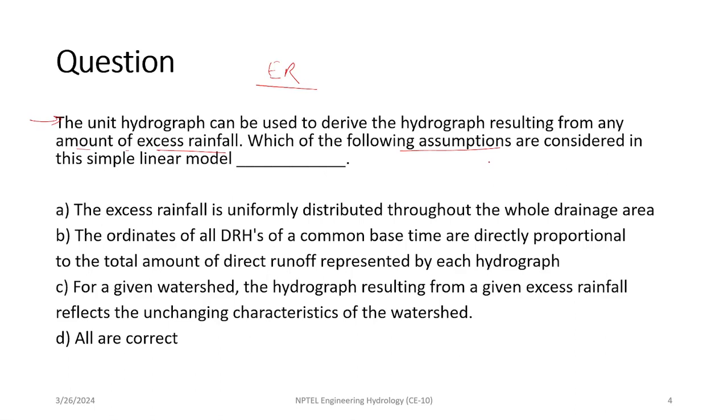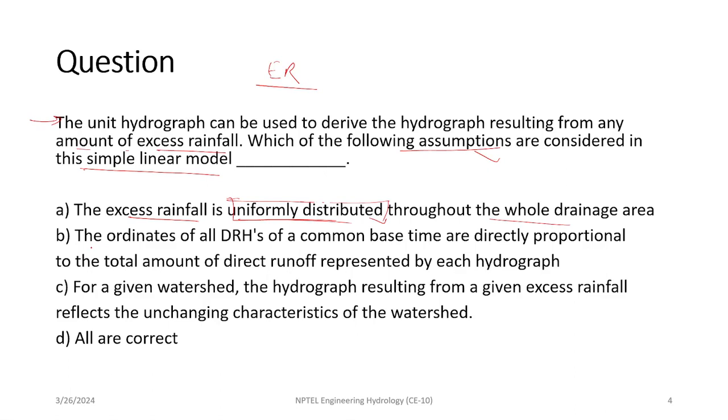So here again the question is the same. For developing this simple linear model, there will be certain assumptions. Now you have to tell them. The options are as follows. The excess rainfall is uniformly distributed. Try to focus on the keywords, okay? One keyword is uniformly distributed over the whole drainage area.